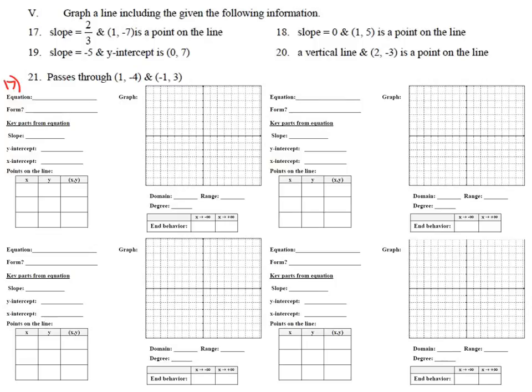If we have a slope of 2/3, and then we have a point at (1, -7). So 1, 2, 3, 4, 5, 6, 7. We're down here at the very bottom with the slope of 2/3, counting up 2 and to the right 3.